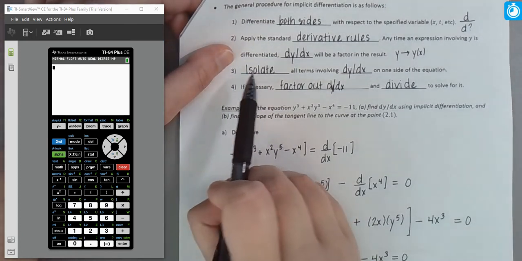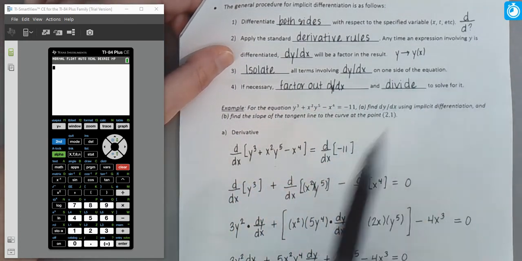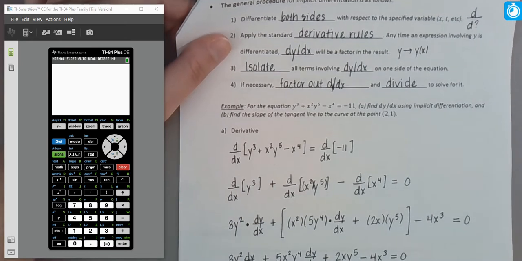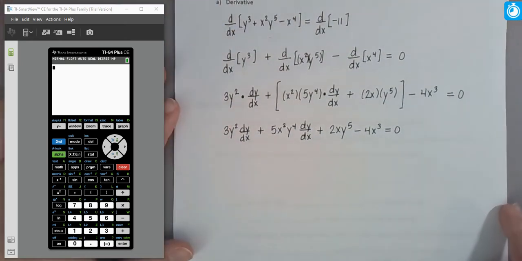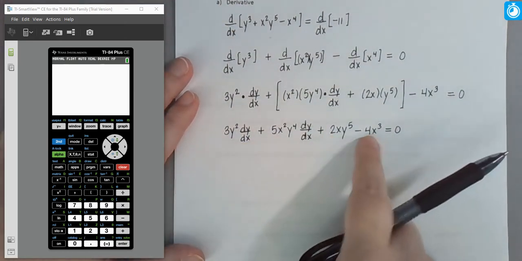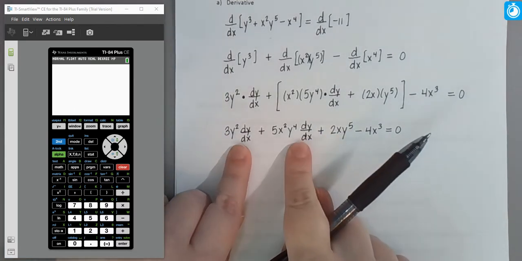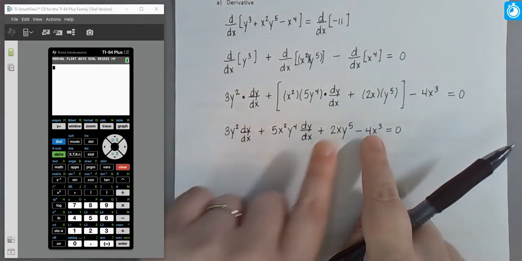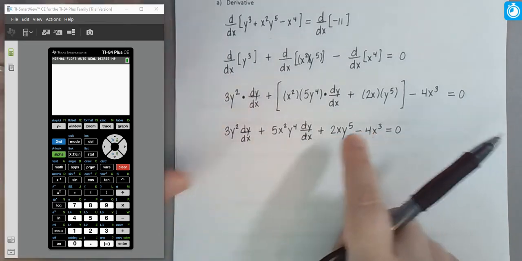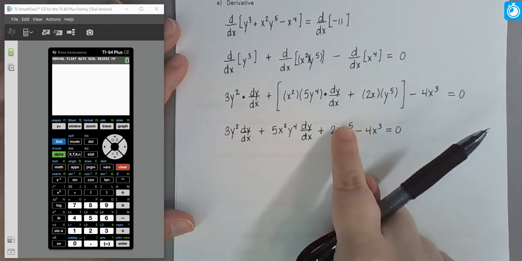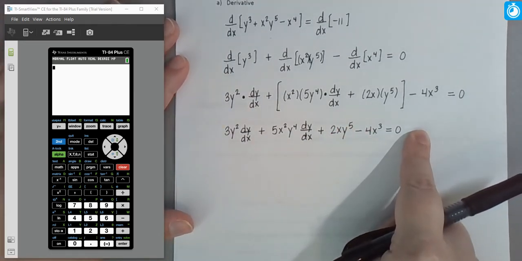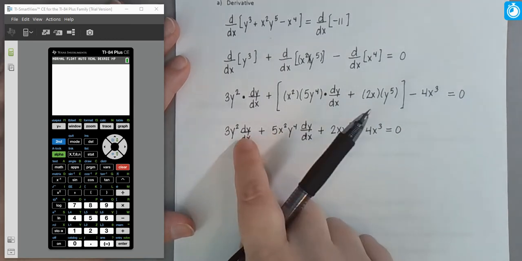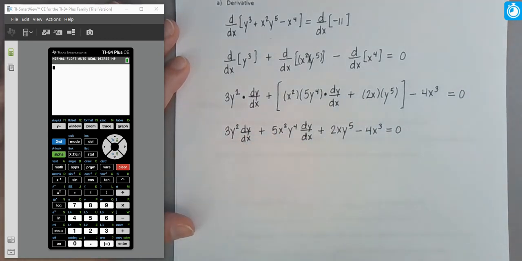So the next thing we need to do is isolate all the terms that have a dy dx on one side of the equation. So notice we have 4 terms. 2 of them involve dy dx, and then 2 of them do not. So these 2 terms, we want to go ahead and move over to the other side of the equation in preparation for solving for dy dx.